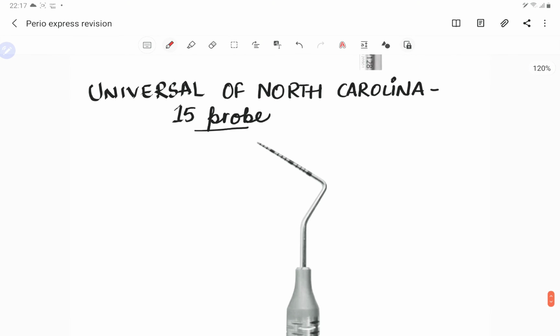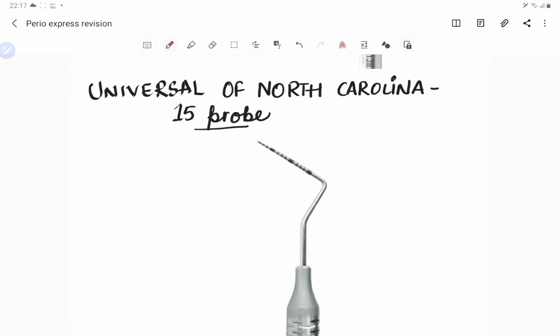Next one you see here is the University of North Carolina probe. If you can see here it is written 15, so that means there are 15 markings present in this. It is a 15 millimeter long probe with markings at each millimeter, and there is color coding at the 5th, 10th and 15th, so multiples of 5.